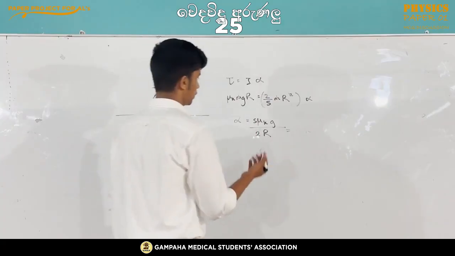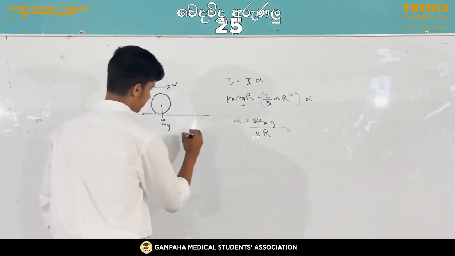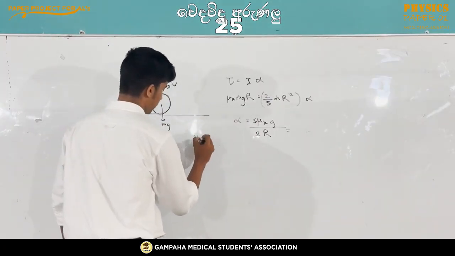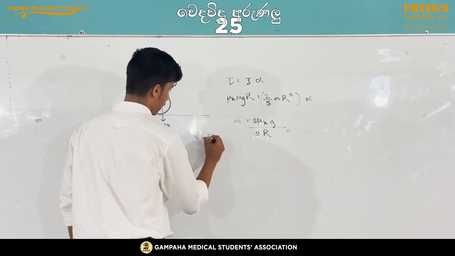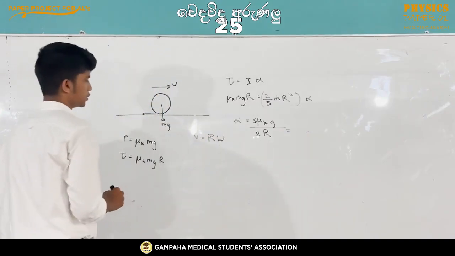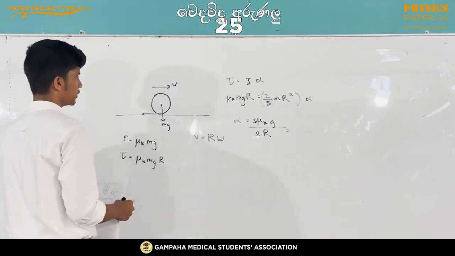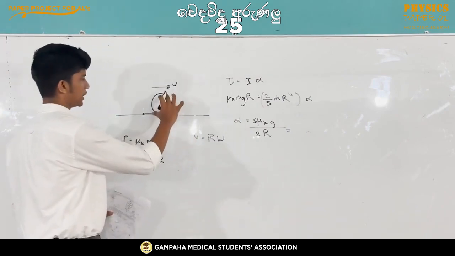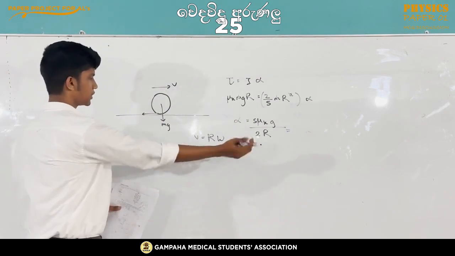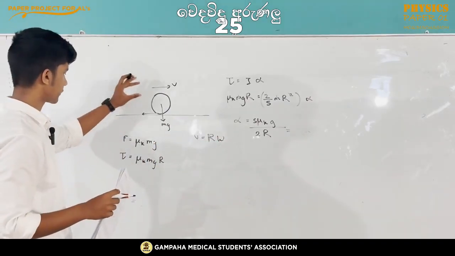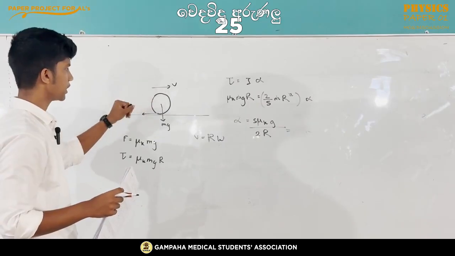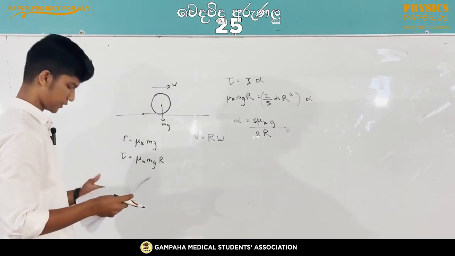And when it starts rolling, it will obey the law where the linear velocity will be equal to r omega. So up to the point where it starts rolling, we have to consider the deceleration that occurs as well. And then using that, we can find the velocity at the moment it starts to rotate.